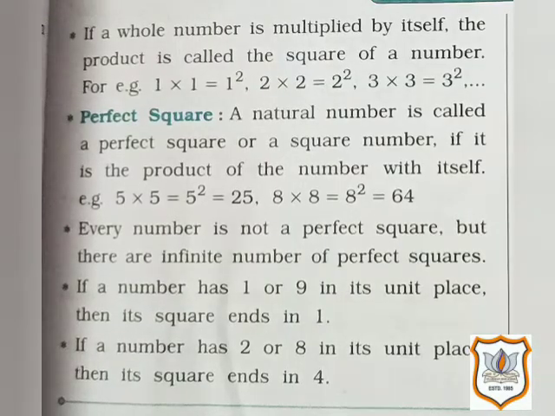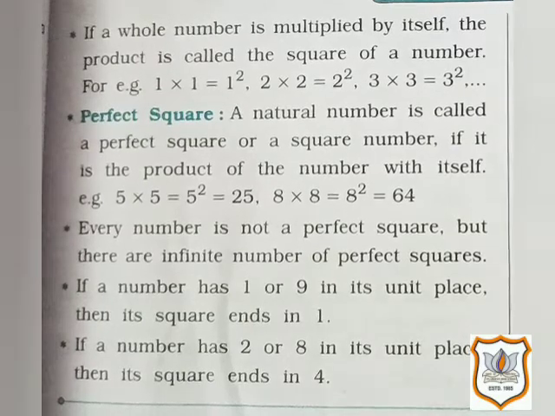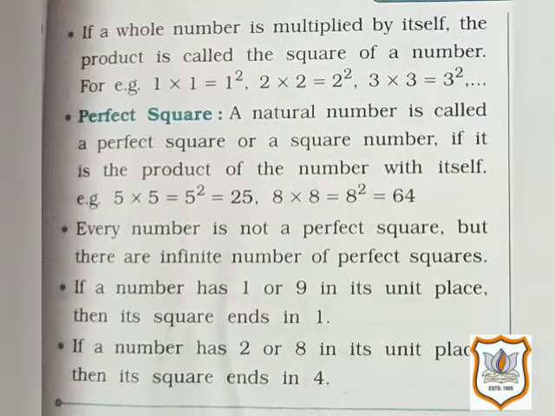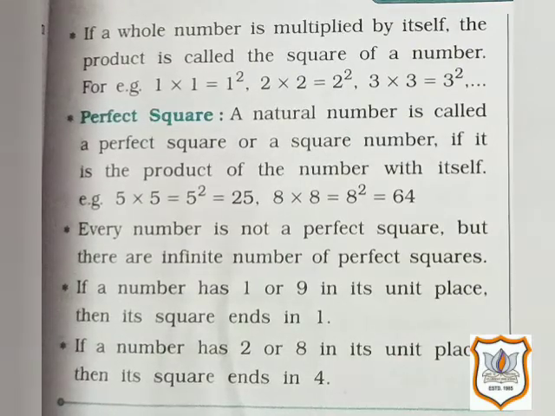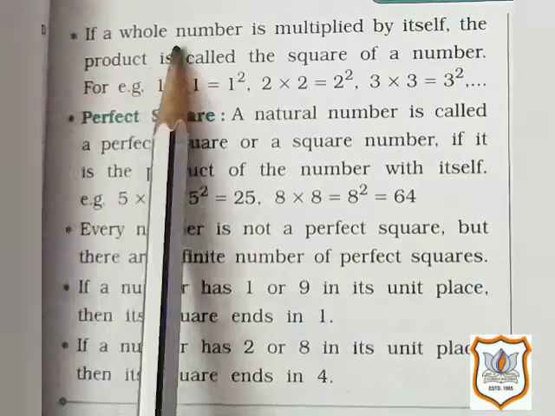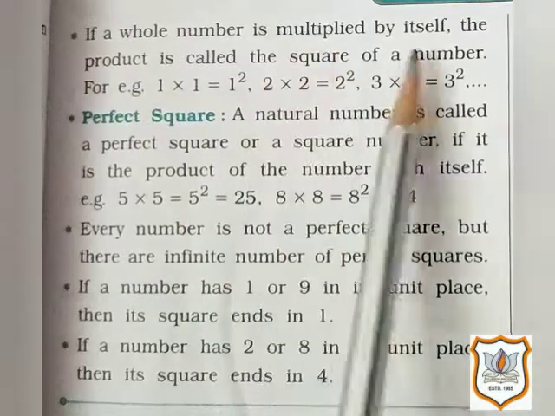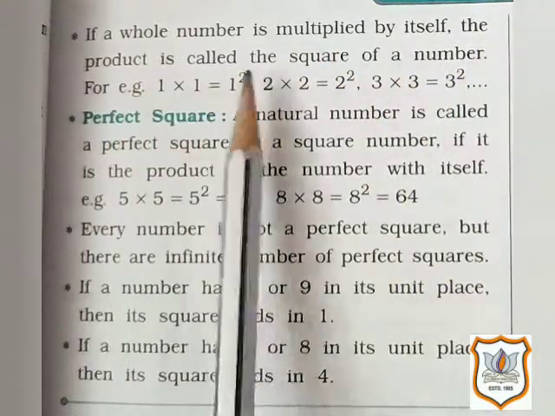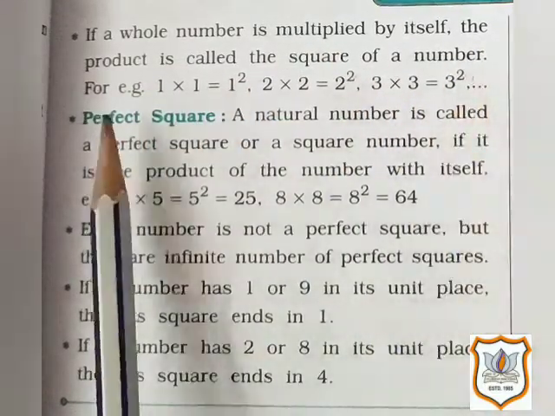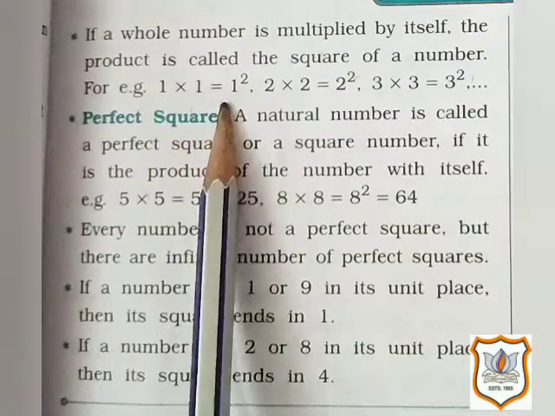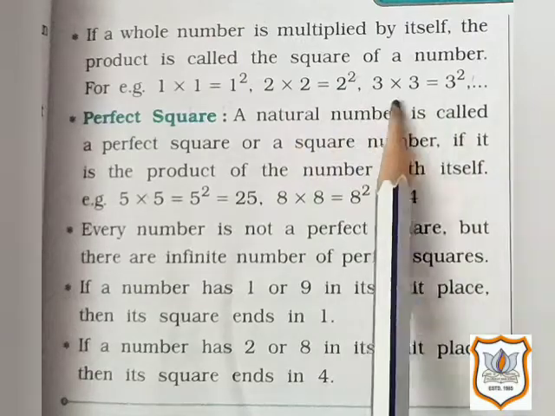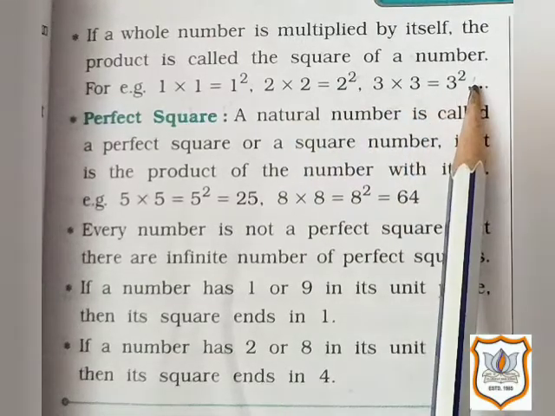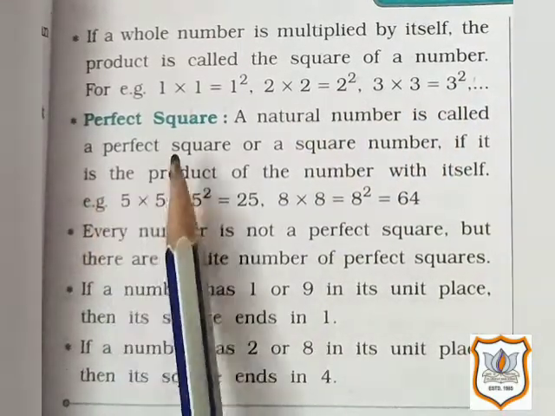Students, these are some important points. You have to write all these points in your maths notebook and you have to remember them. First, if a whole number is multiplied by itself, the product is called the square of a number. For example, 1 multiplied by 1 is equal to 1 square, 2 multiplied by 2 is equal to 2 square, 3 multiplied by 3 is equal to 3 square. Next, perfect square.